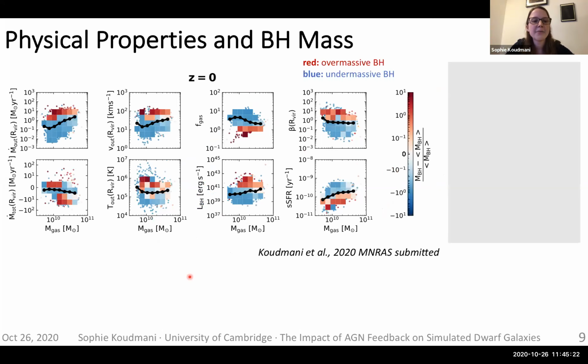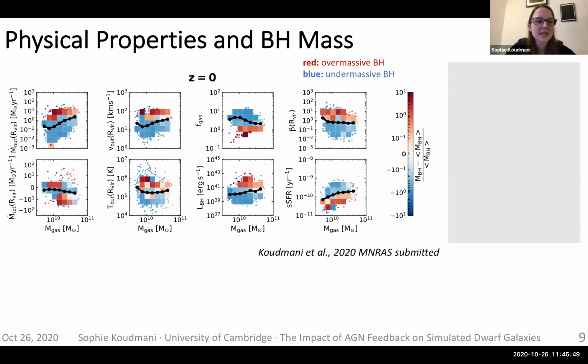To this end, we plotted various outflow properties and galaxy properties versus gas mass here. The black line again shows you the mean scaling relation, but then we also plot the distribution of all of the low mass galaxies. This time we color code them according to whether the average black hole in the bin is overmassive or undermassive with respect to the given gas mass.